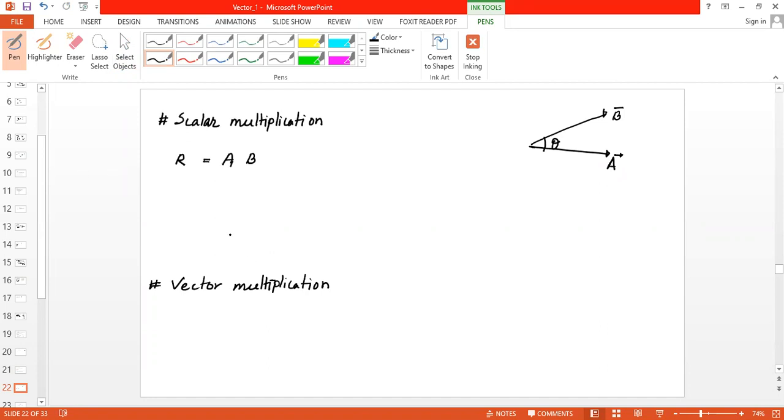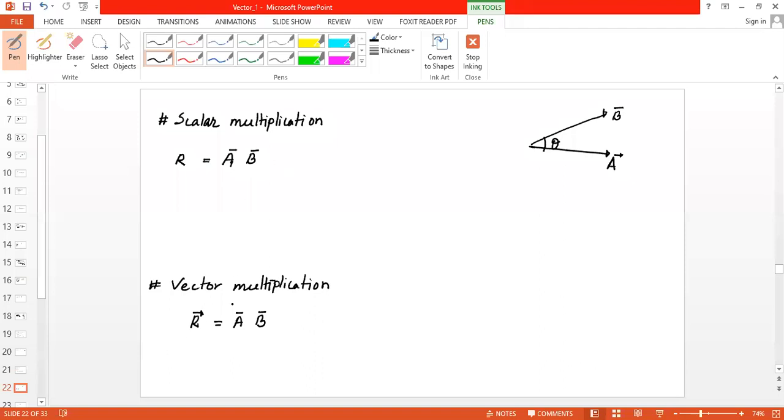And in case of vector multiplication, the product of two vectors will be a vector quantity.